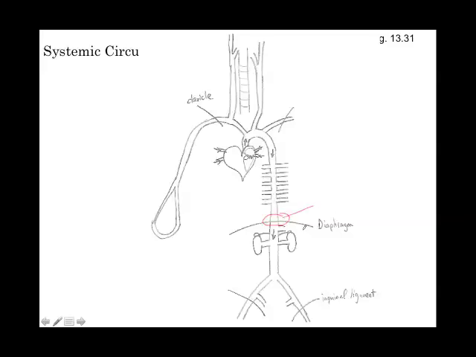And then there's several vessels that come off of that aorta. The first one is called the celiac. That has branches which supply the stomach, the liver, and the spleen. You don't need to know those this semester. And then we have one called the superior mesenteric artery.